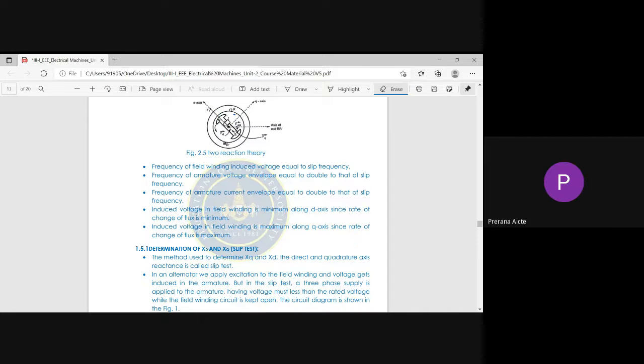So here air gap is minimum, armature reaction is maximum, direct axis. Here air gap is maximum, in between the poles. Q axis, and this is the D axis.